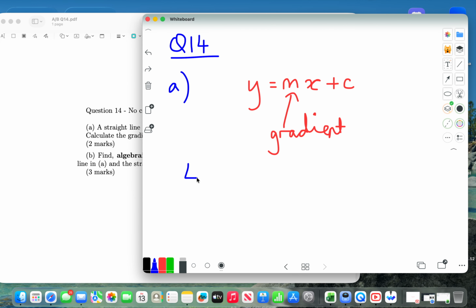So let's start with 4x minus 3y plus 19 is 0. Now we can take away 19 from both sides.